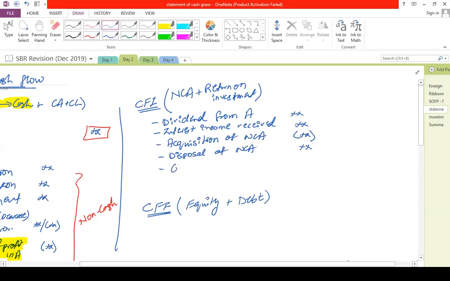Similarly, if we have received a government grant, which is a capital grant, then that value is also going to be added in this.